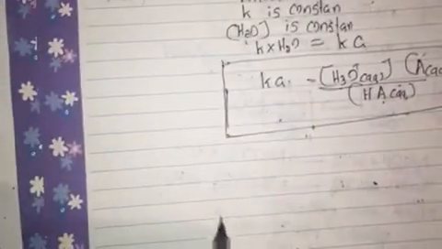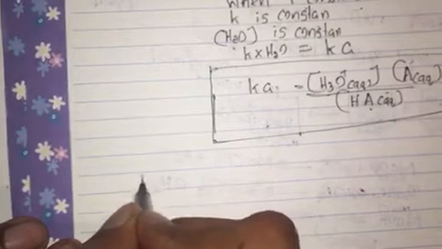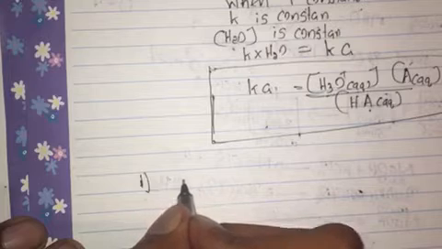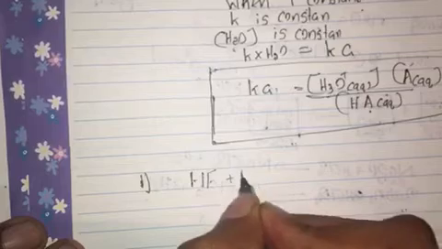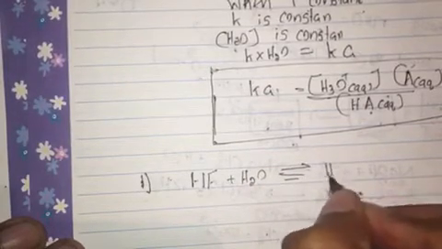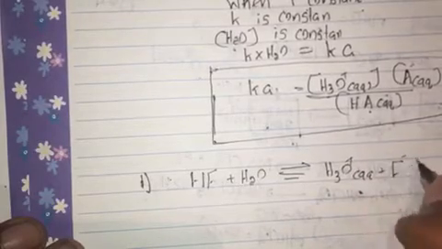Now we see HF in aqueous medium, dissociating into H3O plus (aq) and F minus (aq).